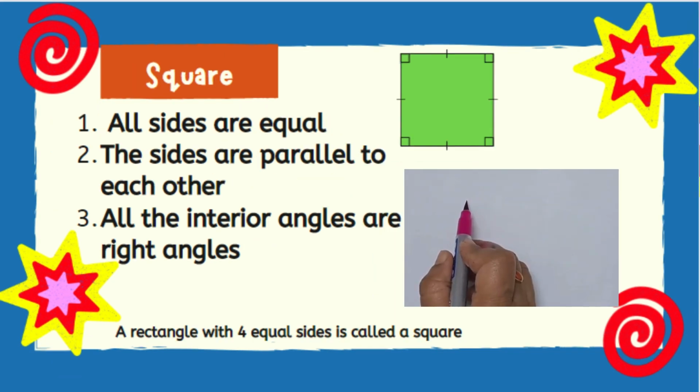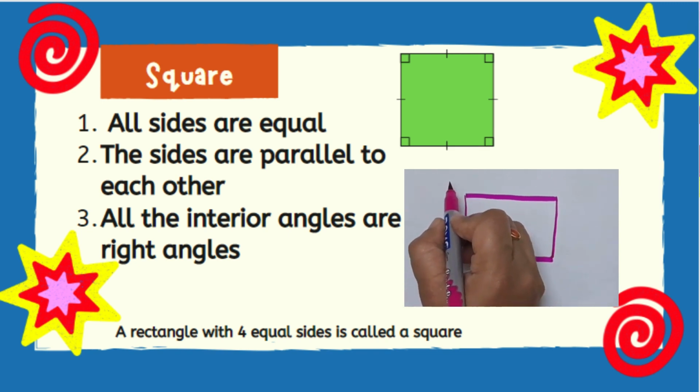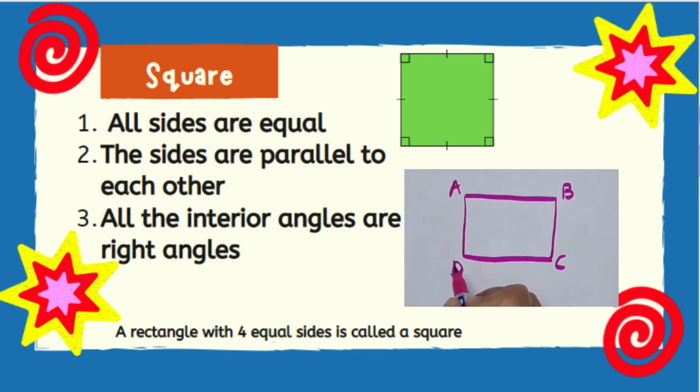Square. A rhombus with all its angles equal to right angles is called a square. This is a square. Let's name it A, B, C, D. In a square, opposite sides are parallel and all the sides are equal, and all the angles are equal to right angles.